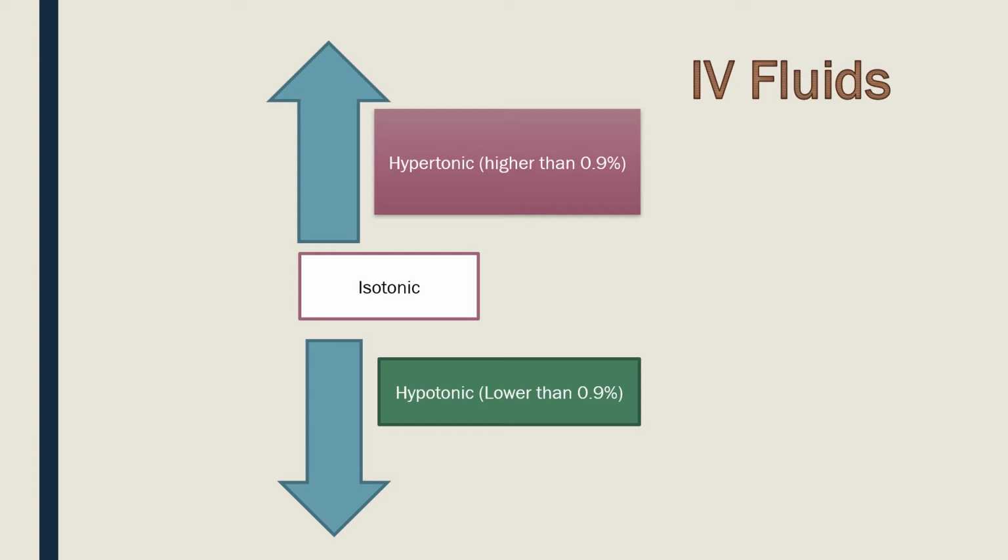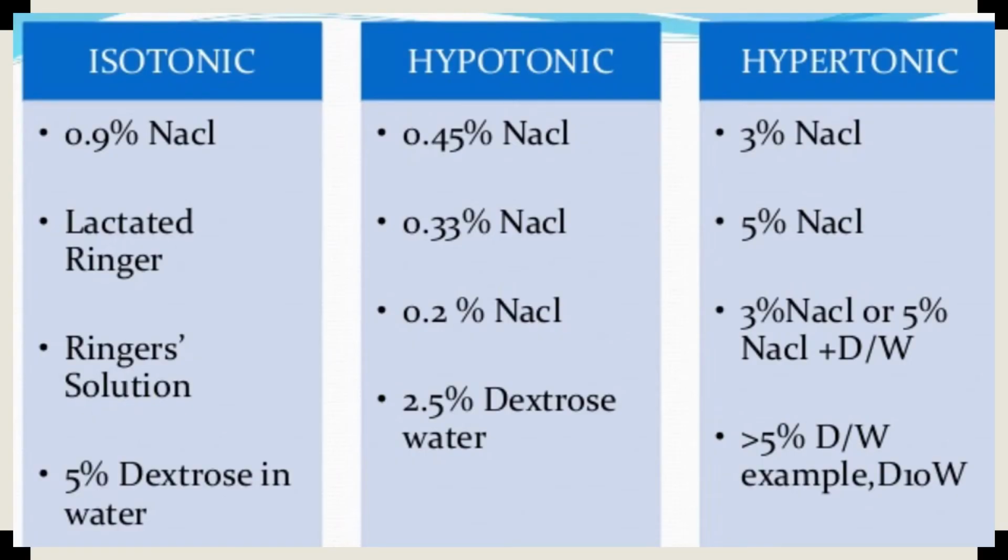I'm going to be going back and forth between this slide and another slide to show you the list of isotonic solutions. Remember 0.9. That's your baseline. Anything below 0.9 will be hypotonic.